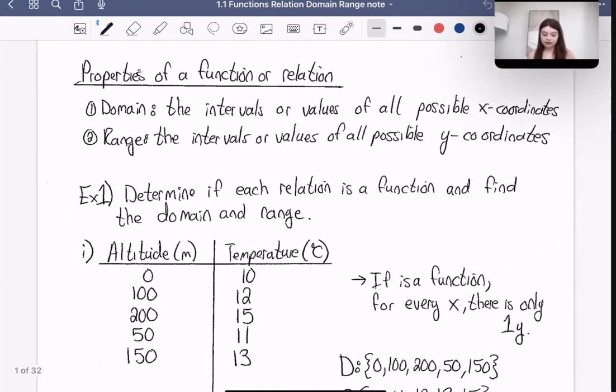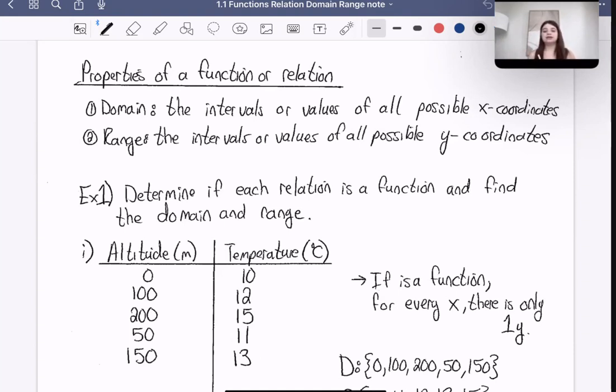Also, a reminder of domain and range. So, the domain means what? The domain means these are all the intervals or values that are possible x coordinates, and the range is the intervals or values for all possible y coordinates. So, sometimes the domain and range are just all the real numbers, sometimes it's just everything. Other times, domain and range might not be.